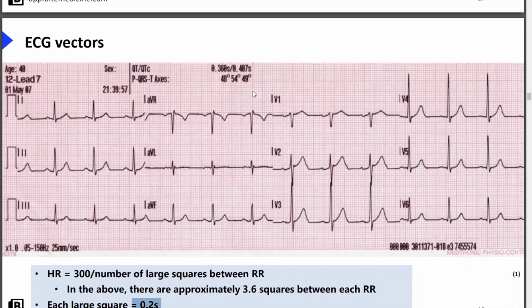So one small box is 0.04 seconds. One big box is 0.2 seconds. So if you know that, okay, I have one heartbeat occurring in 3.5 boxes, 3.5 boxes is equivalent to this amount of time, you can then work out the heart rate.